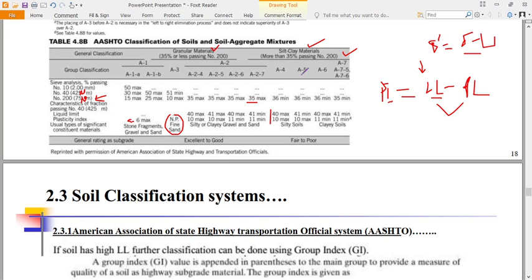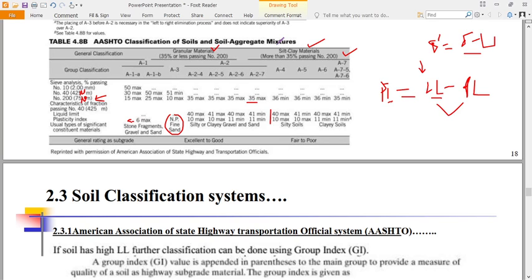But further, we have coarse grain and fine grain material. Sometimes for the fine grain material, we can further use some numerical methods to tell its properties in terms of its possibility to be used as a subgrade material. That is a measure we call the group index.